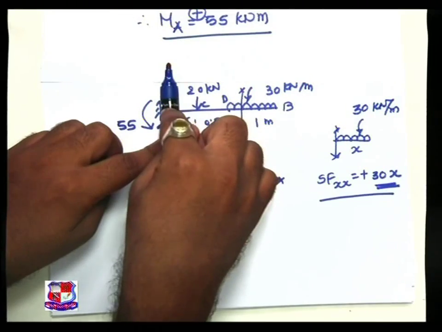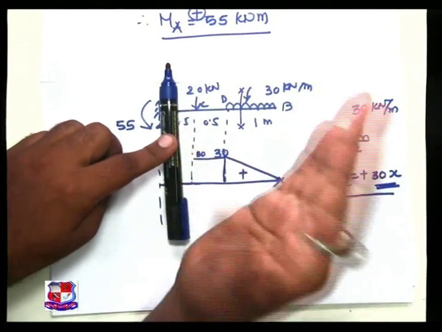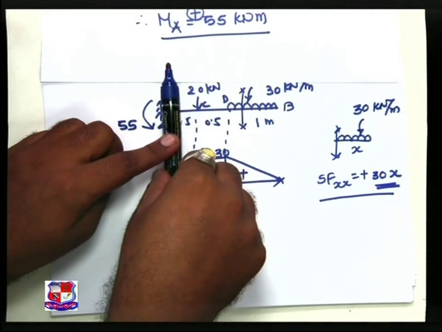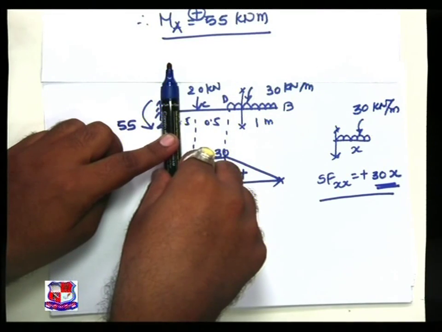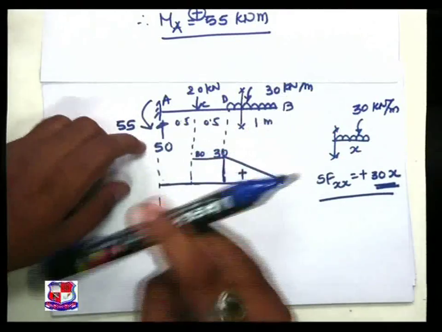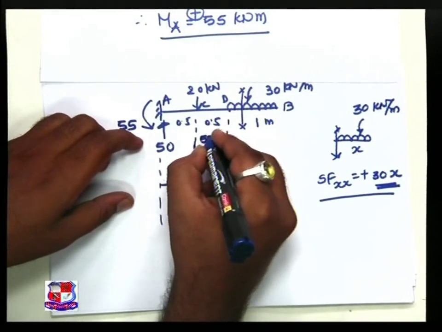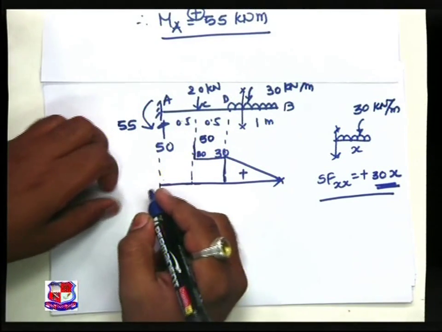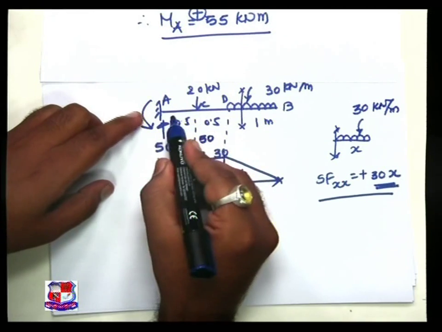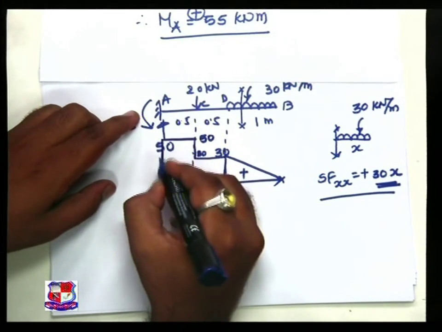So section right downward is treated as positive, and this 20 will be additive with this. So 30 plus 20 is 50. Between C and A there is not a single load, so the variation is given by a horizontal straight line.